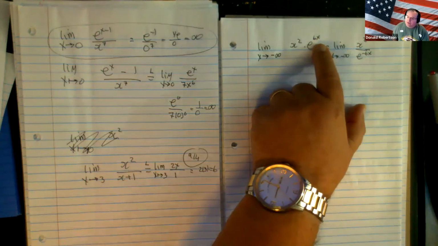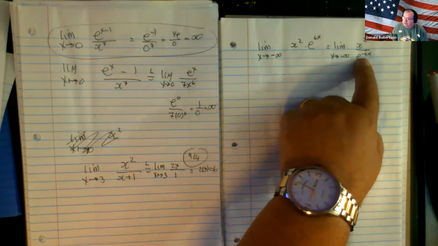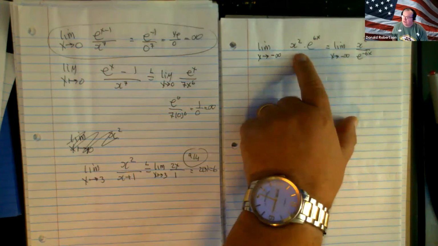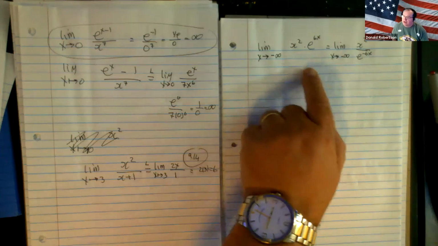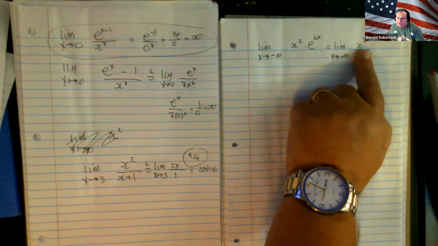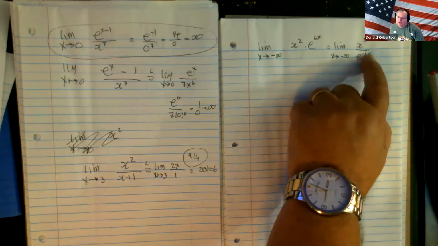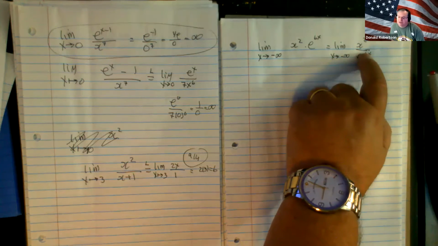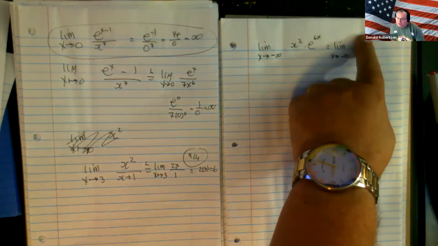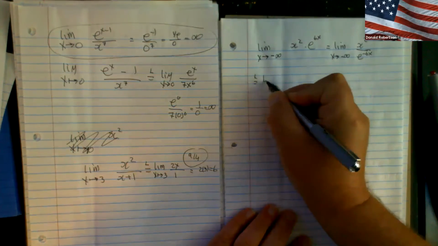So I decided to go this way, right? e to the negative 6x is that one. Are you comfortable that algebraically these are equivalent? Yeah. Now, if you plug negative infinity into the top, you get infinity squared, you get infinity. And e to the plus infinity, because negative 6 times negative infinity gets you plus infinity, is also an infinity. So I have infinity on the top, infinity on the bottom. So it means I can do L'Hopital.